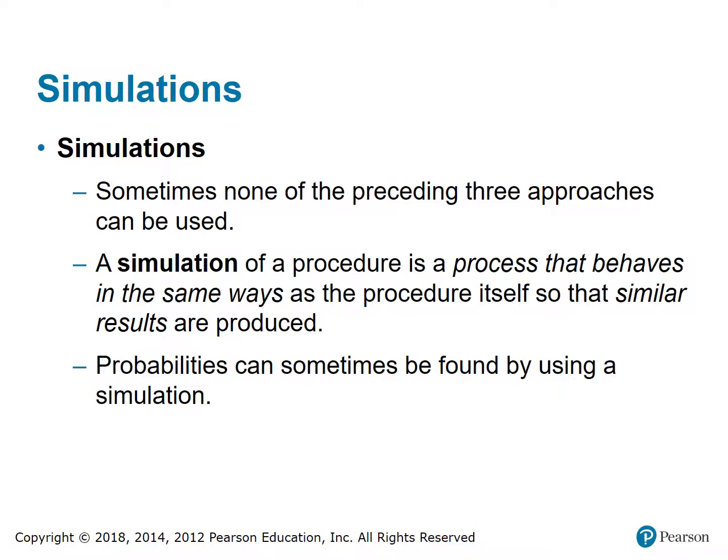So, simulations. Sometimes none of the preceding three approaches can be used, and in this case you might want to create a simulation of a procedure. A simulation is basically some process that behaves in the same way as the procedure itself so that similar results are produced.